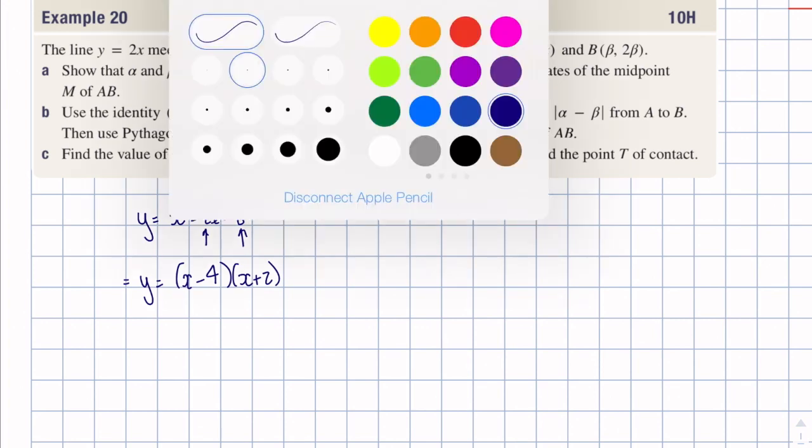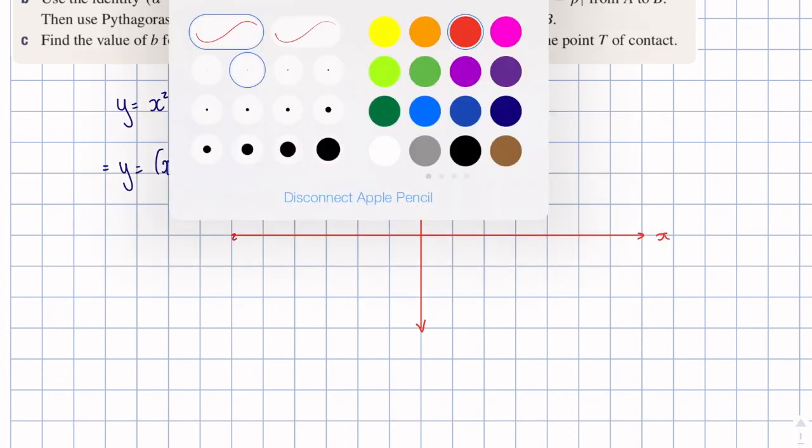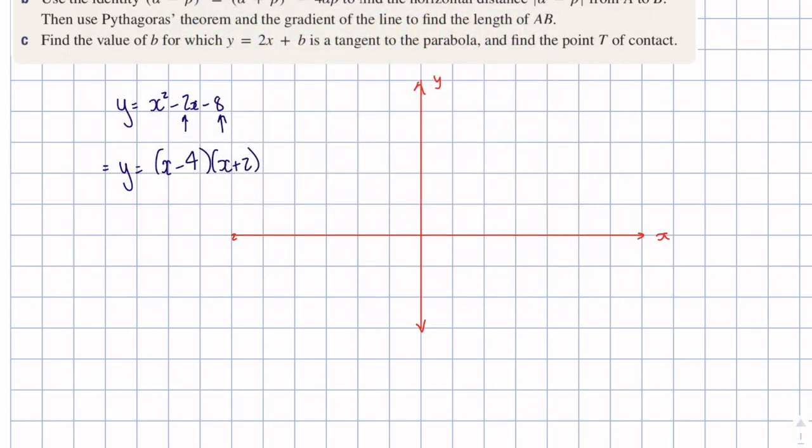So if I wanted to sketch these two, and again, we never bother doing an amazing job of these. So this is y equals (x take 4)(x plus 2), so it has intercepts at +4 and -2. So it's going to look like that-ish.